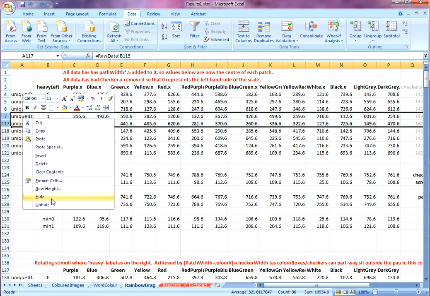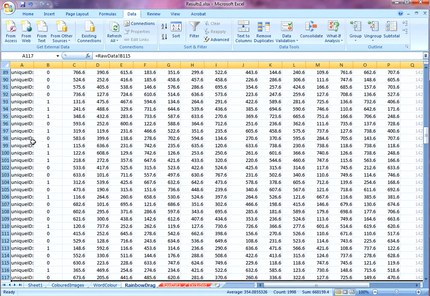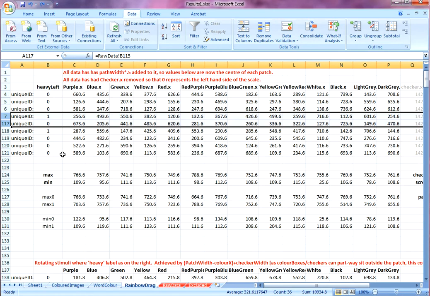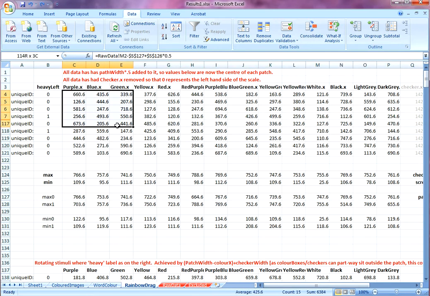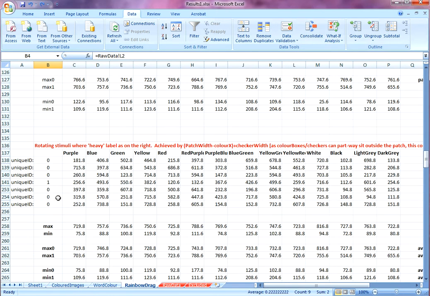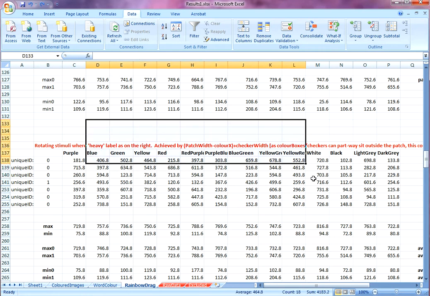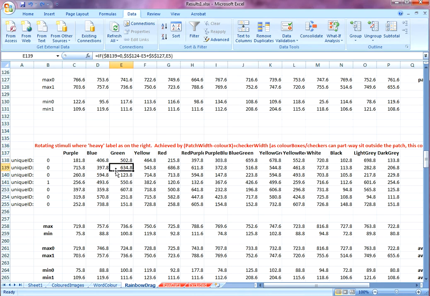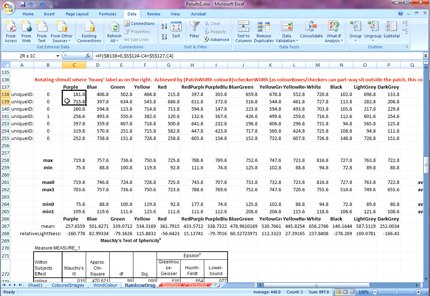If I unhide this, you can see that there is indeed a huge amount of data. Through a lot of Excel hocus pocus, I've transformed these values so that they're all along the same scale, such that heavy is now always on the right hand side of that box. So we now have all of these values.